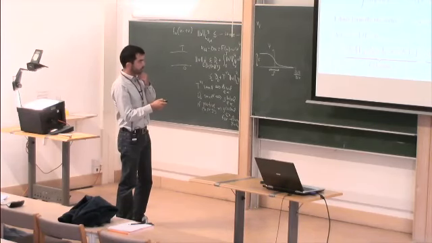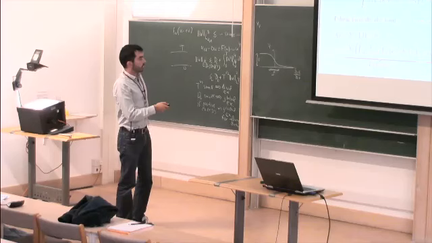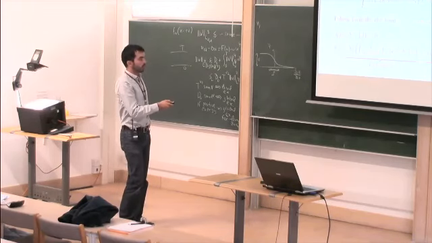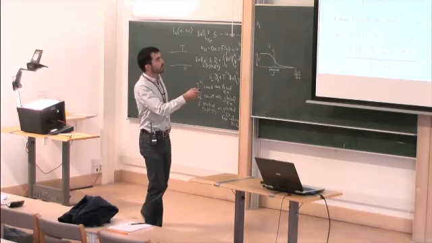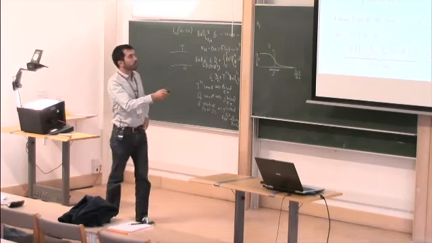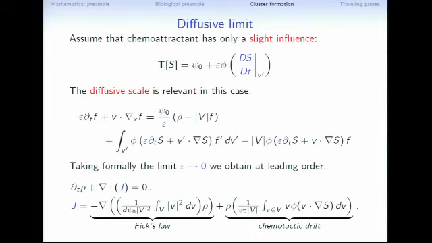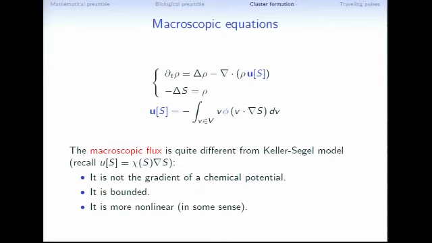So in this case, it gives you a conservation equation for the macroscopic density rho and a flux that you can compute formally, which is a diffusion plus a drift. And I insist on that: this is in the case where the chemotaxis influence is small. In fact, you have a slight influence, which is questionable. But yet, in this case, this is what you obtain. In short, you have a diffusion minus a drift, rho times the bold u of S. To simplify, just for the time being, we assume a Poisson equation for the chemical.